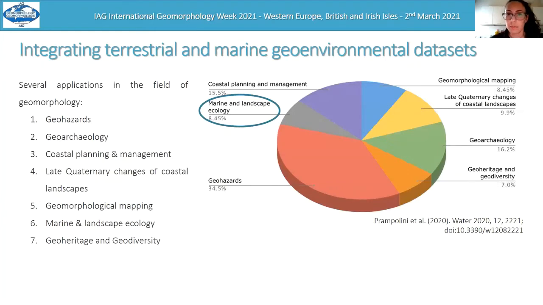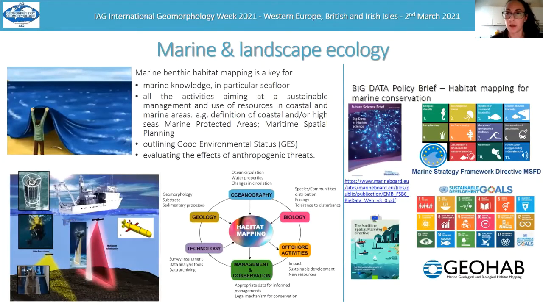Then we move to the marine and landscape ecology, that is habitat mapping in marine or terrestrial environments. This is usually done, in the marine environment, exploiting bathymetry, terrain attributes, and acoustic seafloor backscatter, in order to infer at least the physical attributes of a habitat, of a benthic habitat.